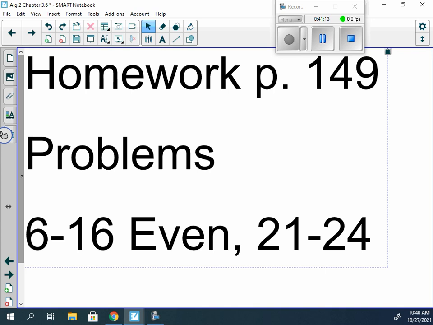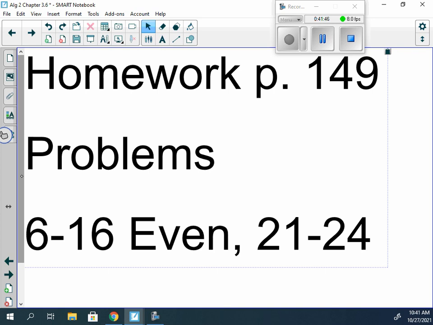Okay. So for the homework assignment for 21 through 24, you're going to be finding 3 things. Like we did with the first one, you're going to be finding the value of the discriminant. What is the value of b squared minus 4ac? What does it tell us? Does it tell us it is 2 real solutions, 1 real solution, or 2 complex? The book will call it imaginary if you look in the back to check. And you need to find the solutions, like we did with the first one.